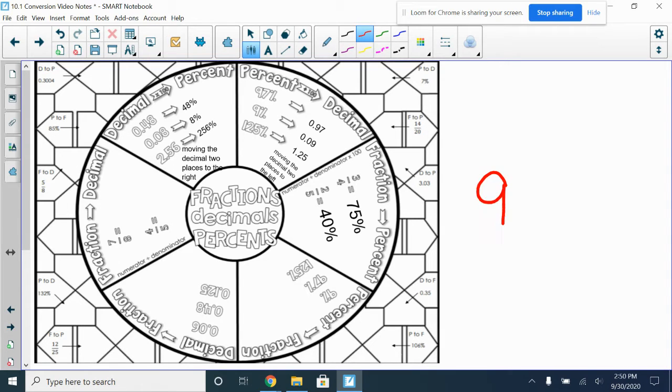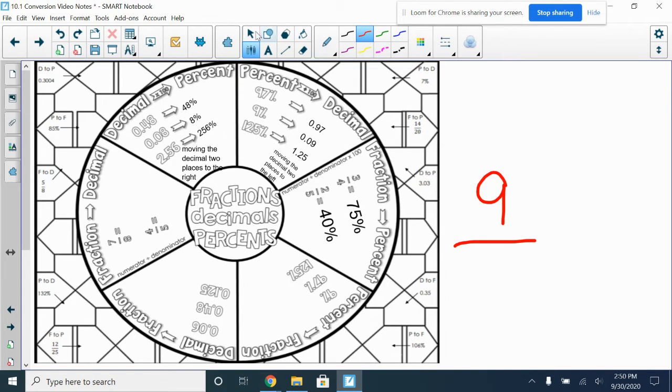So if I have 9%, I'm going to put it over 100. 9 over 100, there's nothing I can pull out of that.